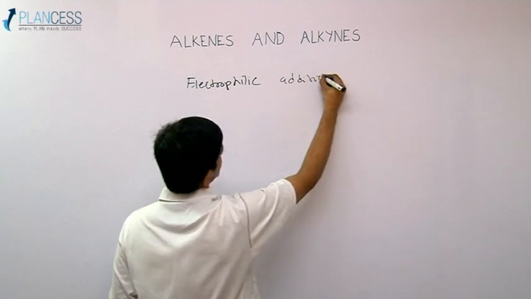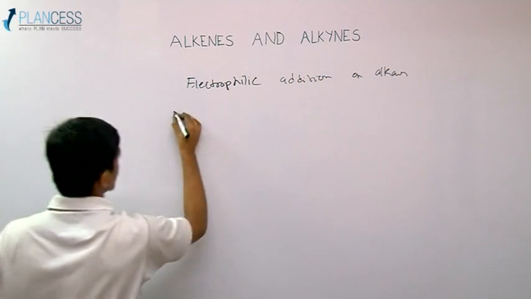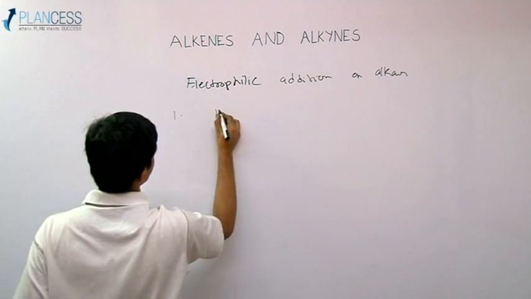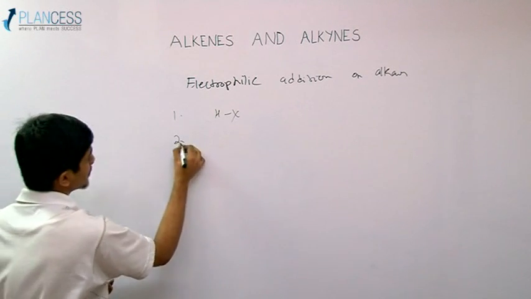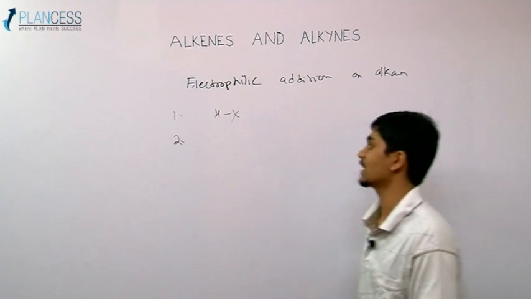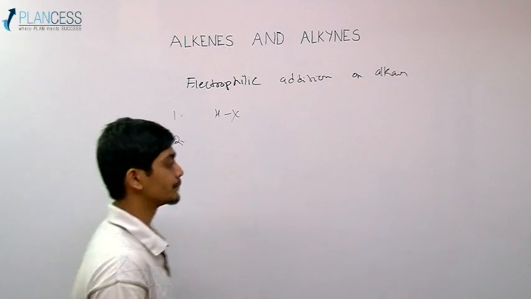Addition on alkenes. One type of reaction is based on hydrogen halides, or HX. This is just the opposite of the dehydrohalogenation reaction that we have just seen in the elimination reactions part.